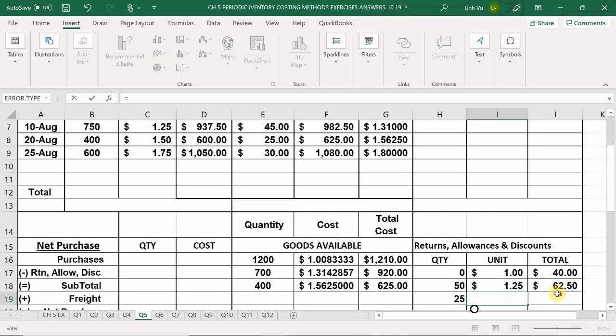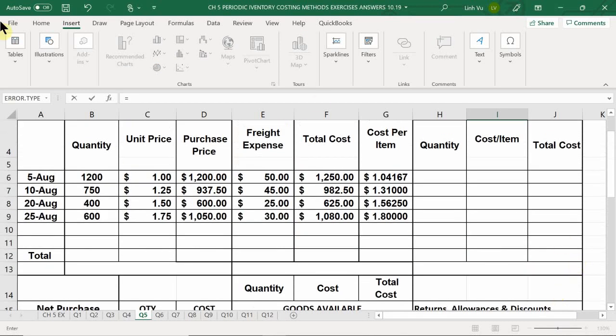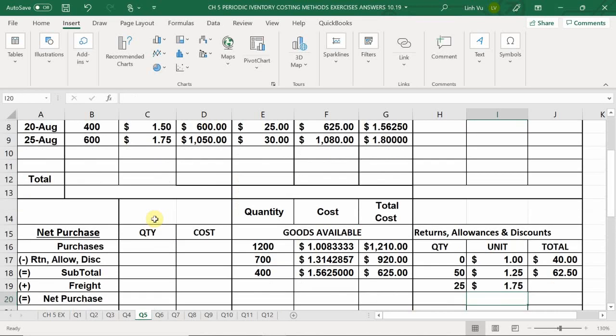What's my cost per item? My assumption is I'm returning the batch that I just bought. $1.75. So in this case, what is going to be my full refund amount?